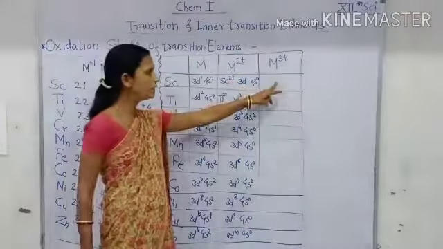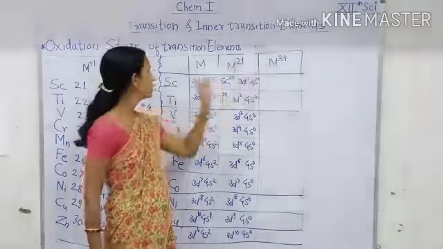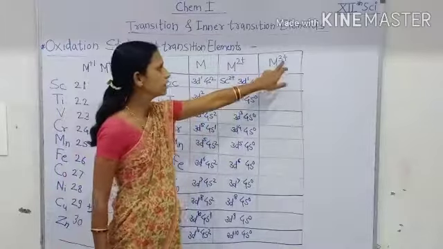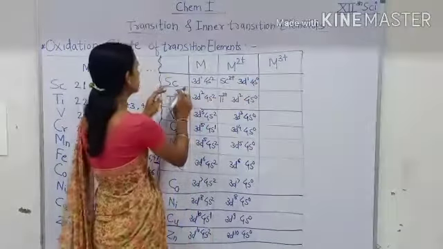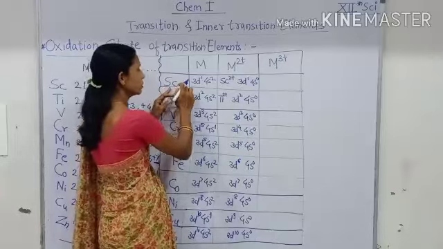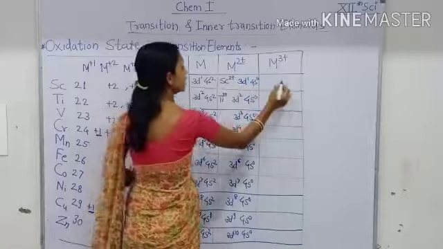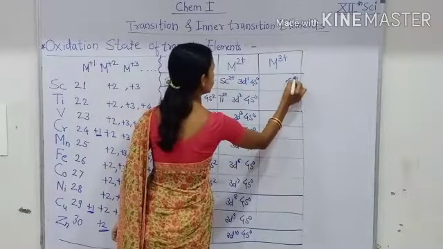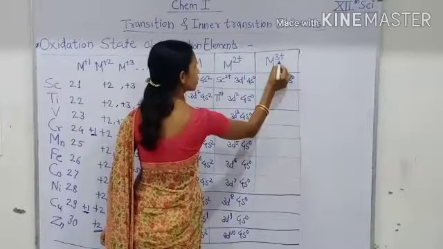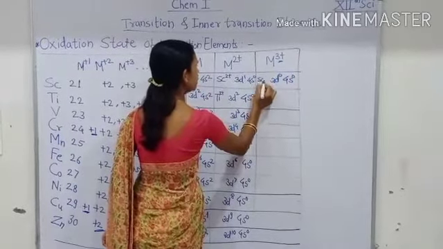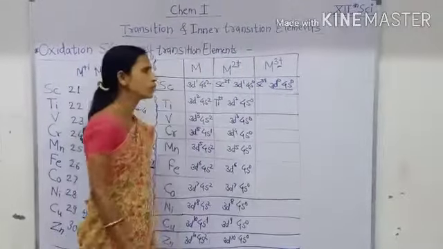Similarly, we can write the electronic configuration of these elements in the M3 plus oxidation state. For scandium, it is 4s0 and 3d0 in the plus 3 oxidation state. That means scandium 3 plus shows electronic configuration 4s0 and 3d0.